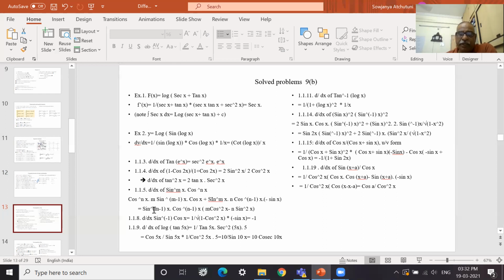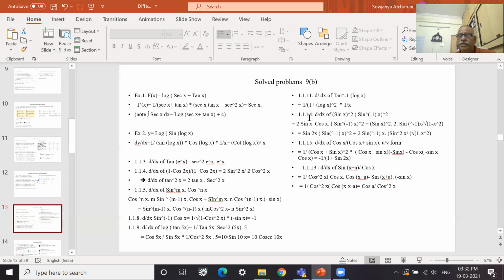When I collect the terms, sin to the power of m minus 1 x into cos to the power of n plus 1 x. Cos to the power of nx is cos to the power of n minus 1 x into cos x, so cos to the power of n plus 1 x. Of course, I have taken out n minus 1 x outside. So m cos square x minus n sin square x. So this is the differentiation.